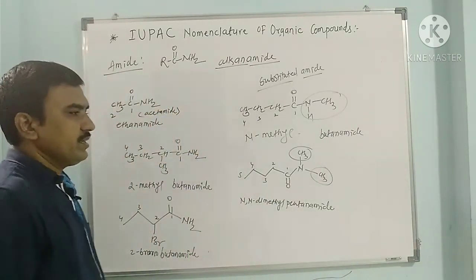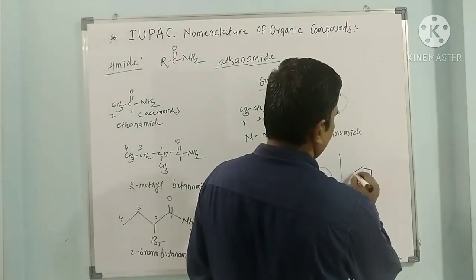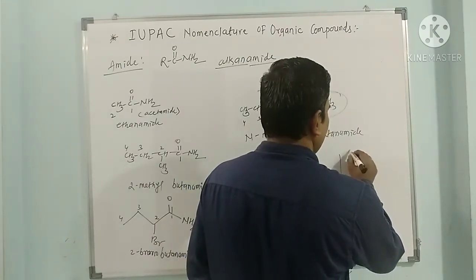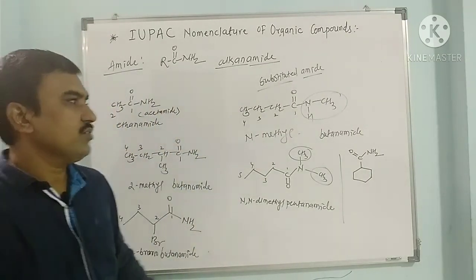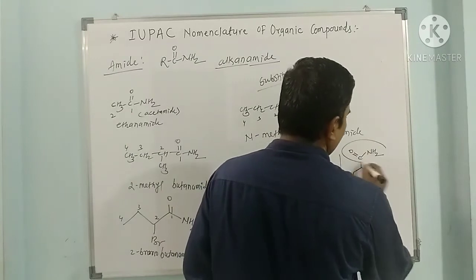N,N-dimethyl pentanamide. If a cyclic compound is there, for example cyclohexane attached to CONH2, how is it named? It cannot be named cyclohexanamide. This group is called carboxamide.